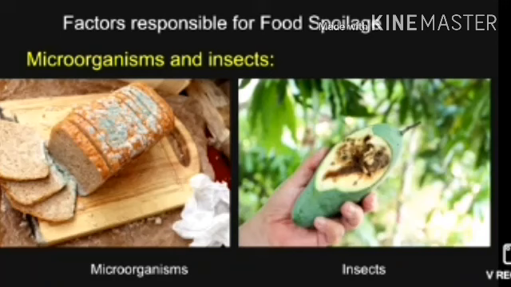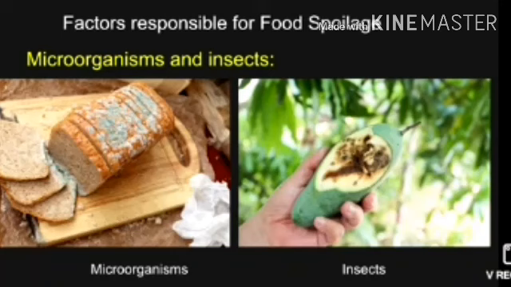Sometimes if the food material comes in contact with metal, then also the food gets spoiled. Sometimes foodstuff may be spoiled due to contamination by microorganisms or insects from the surrounding air, water or soil.